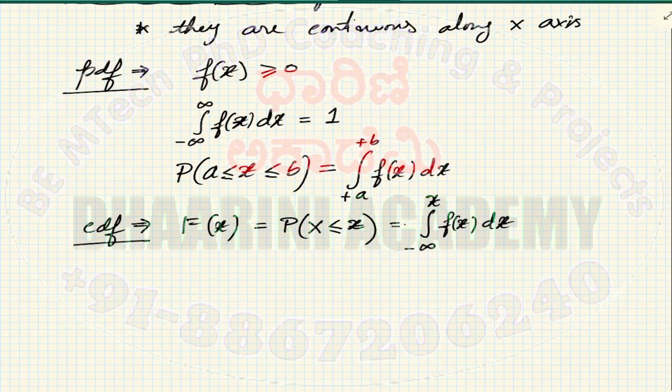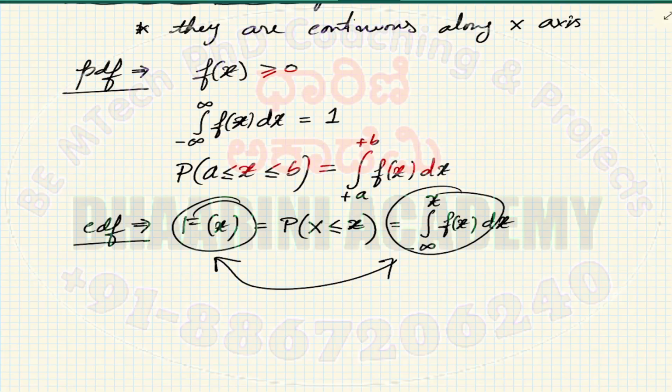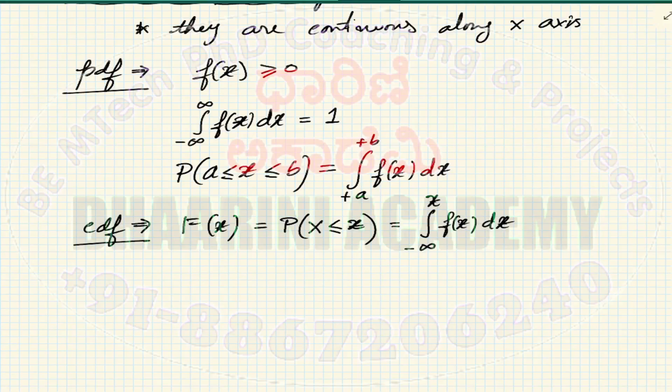That is the CDF. Now if I differentiate both sides, considering this as the LHS and this as the RHS, we are trying to find a relationship. d F of x by dx: what happens on the right hand side? There is an integration, and when you differentiate, it cancels out the integration sign, so it is simply f of x.